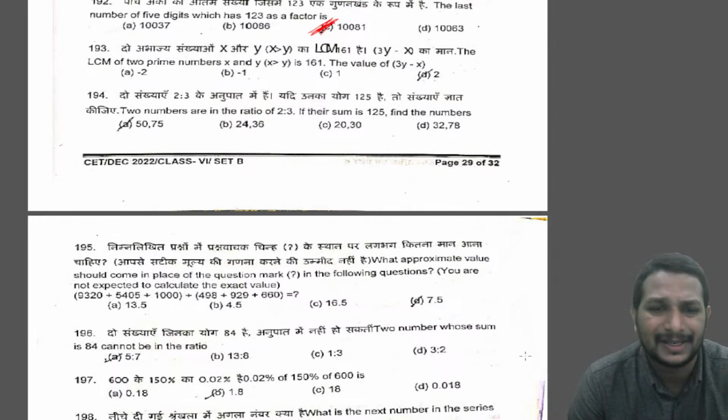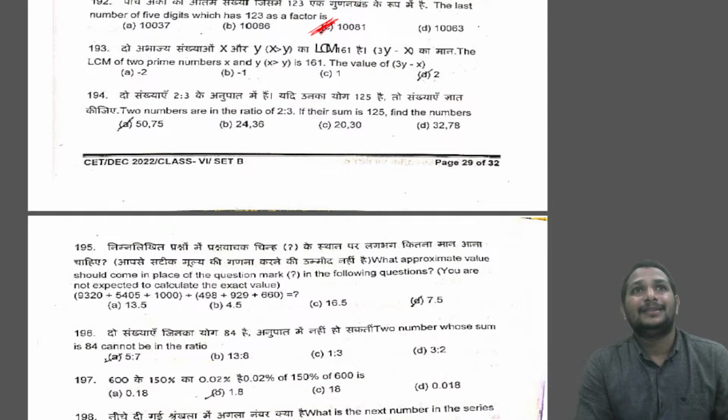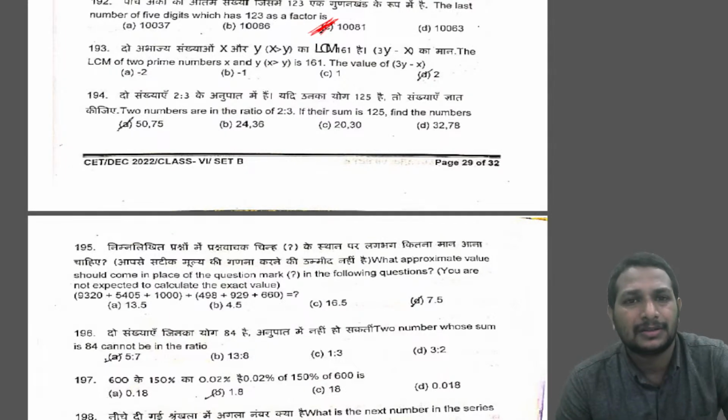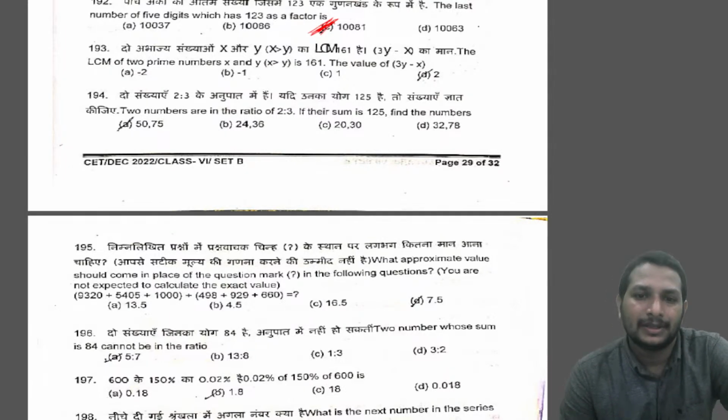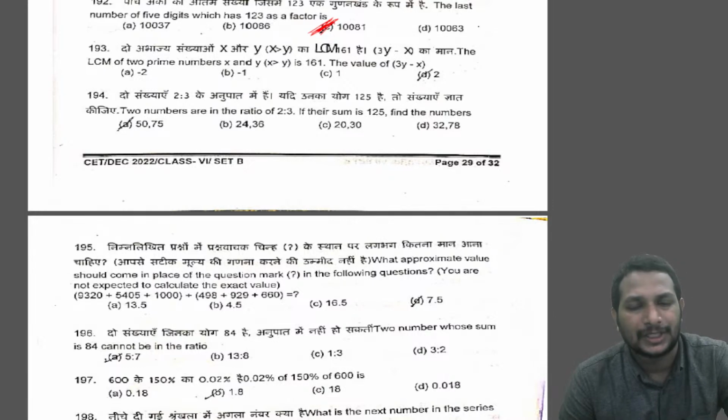Value of 3y minus x. As they mentioned that both are prime numbers, LCM is 161. Prime number means the number is divisible by 1 and itself. So 1 divides those two numbers as they are prime.